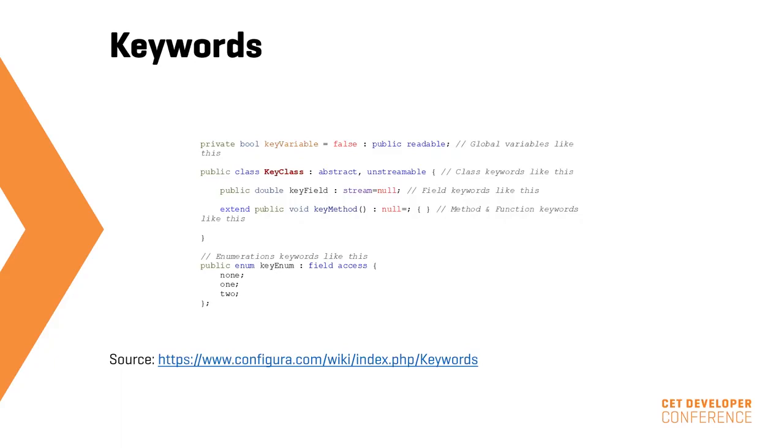I'll leave that up for a second, but it's a really good resource for all the different keywords that are available. I will go through a few of them that I think are cool, but if you want to reference that as well, it's a good resource.